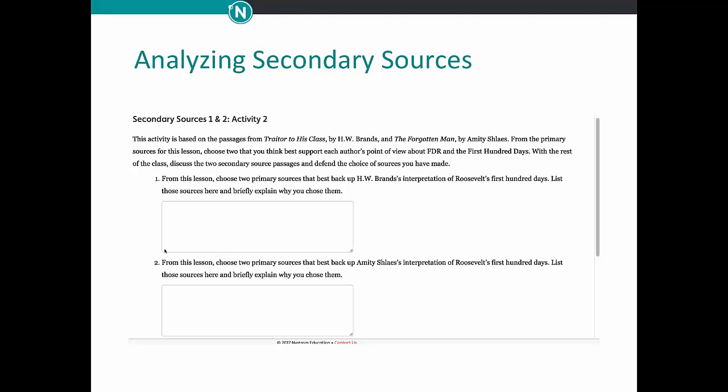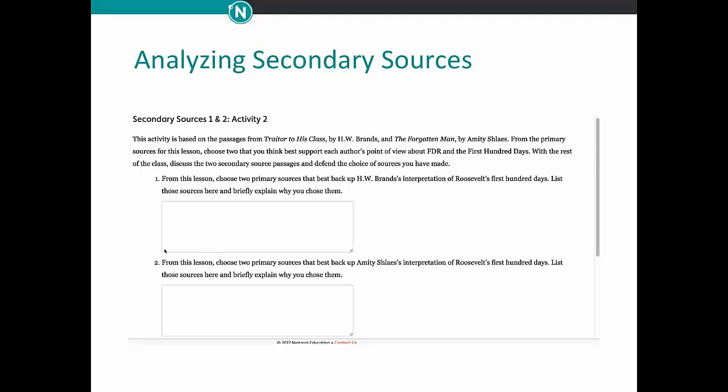What we're doing is asking the students to consider secondary sources, but to find primary sources that back up Brands' interpretation of Roosevelt's 100 Days. I don't specifically have the passages there for the sake of brevity, but if you want to look at this activity, you can go to Active Classroom at any time and look at what Brands said and what Amity Shlaes said.